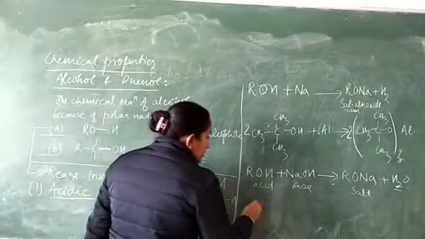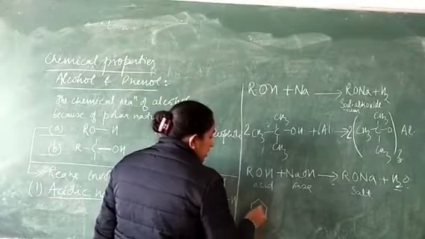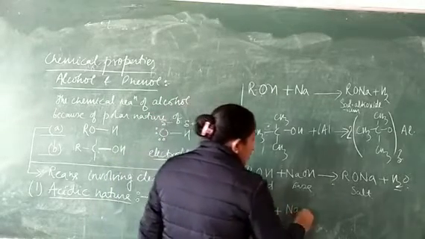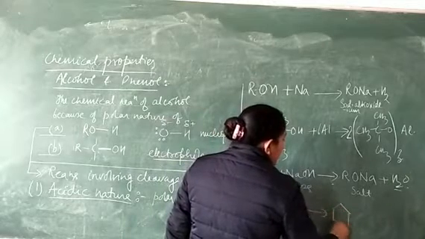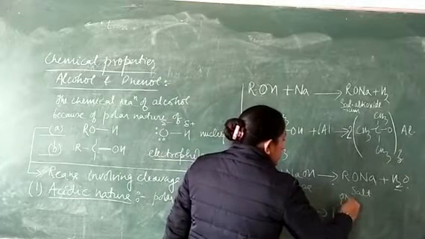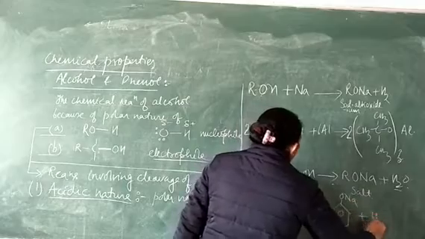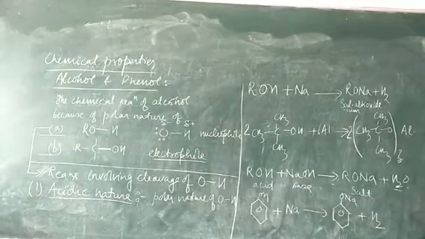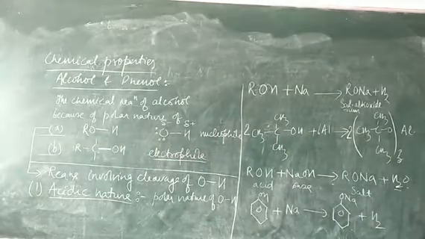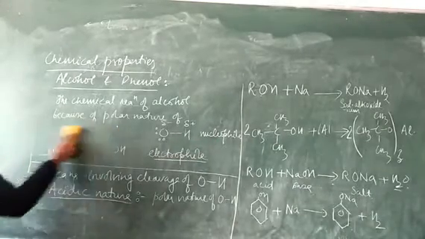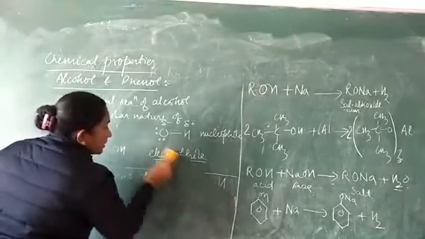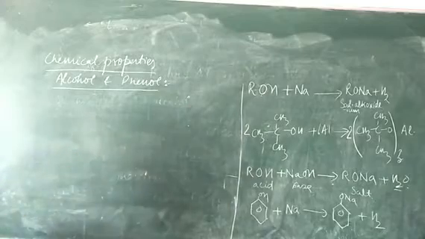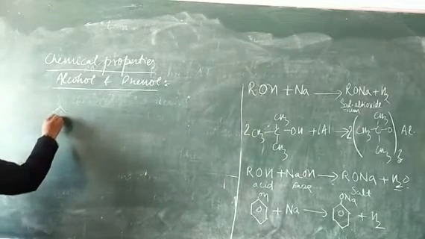Similarly, students, phenol is also there. Phenol will also react with active metal sodium and will form sodium phenoxide, and hydrogen gas will be liberated. In the same way, phenol will also react with NaOH.